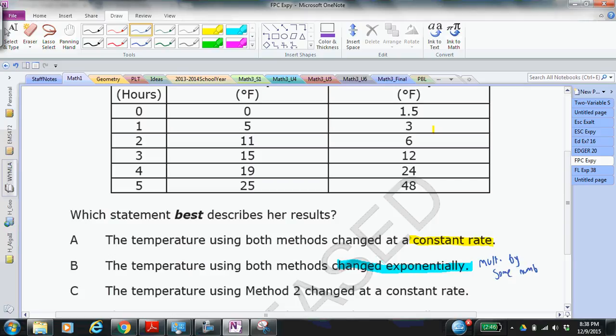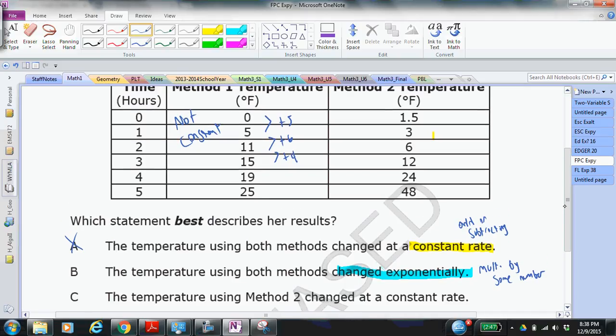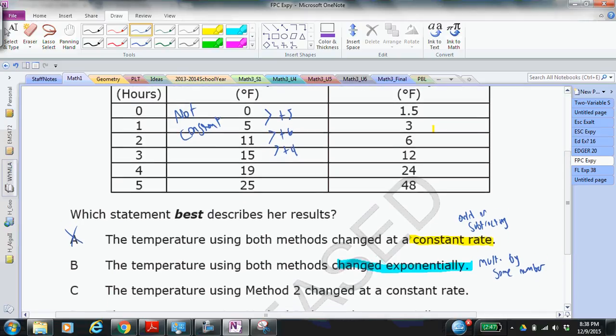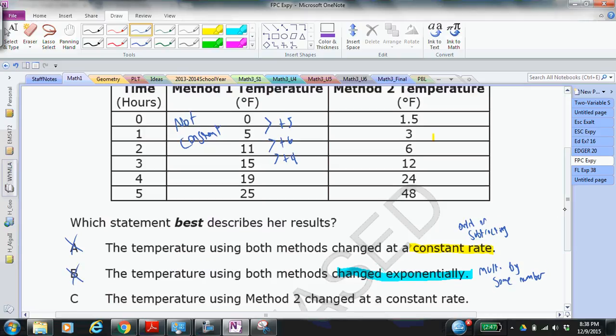And constant rate means it's adding or subtracting something every time. If I look at this, that's plus 5, then plus 6, but then plus 4. So this is not constant. So anything about both methods at a constant rate can't be true. But it's also not multiplying by the same number every time, so they can't both be exponential.